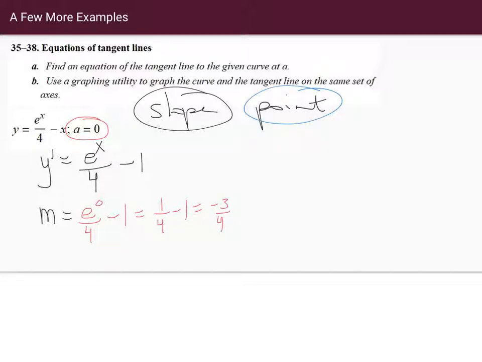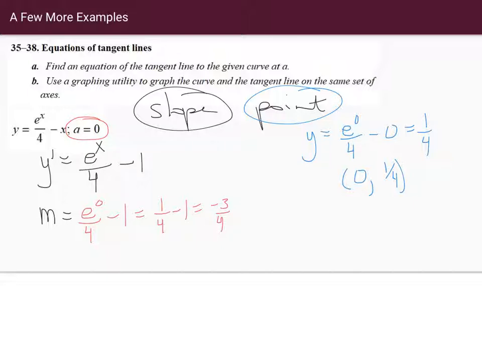I've already got an input coordinate, 0. I need an output coordinate, so I'm going to plug 0 in for x in my original function. e to the 0 over 4 minus 0 equals 1/4. So my ordered pair where I'm drawing the tangent line is 0, 1/4.